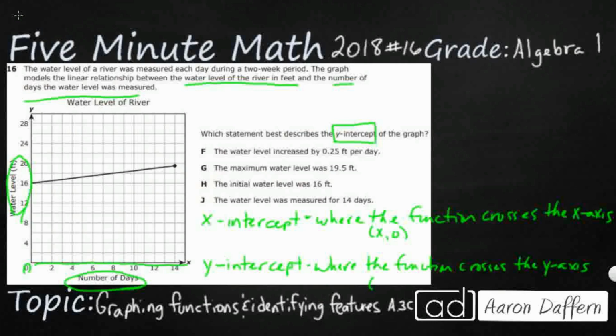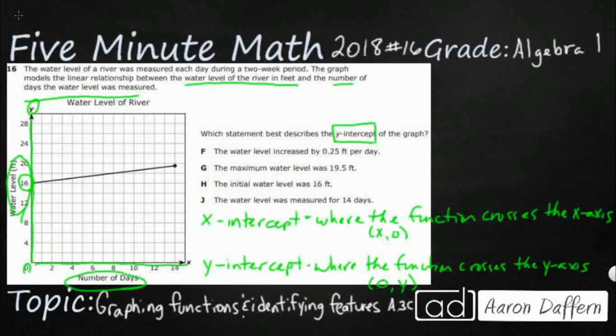And in our y-intercept, the x is 0, because you are right here on this y-axis with an x of 0. So where does it cross this y-axis right here? Well, it looks like it's crossing right there at 16. We can identify this two different ways.